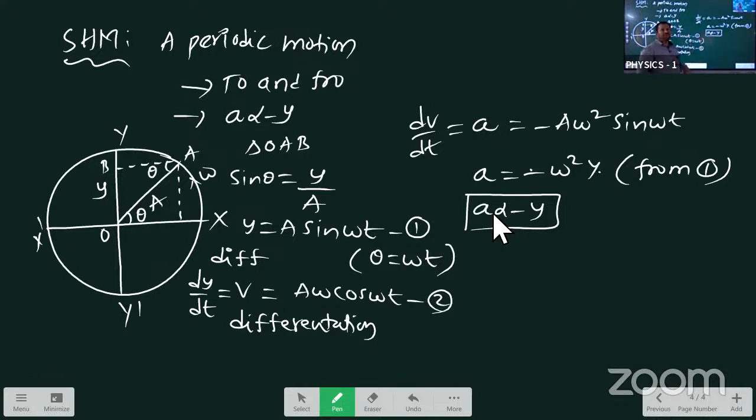For this, a phase difference problem. See here, phase difference. This problem is from the textbook only.